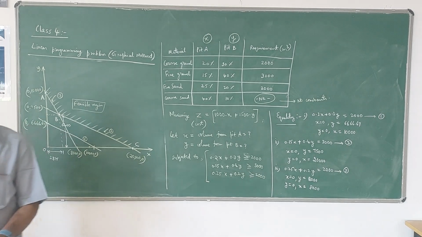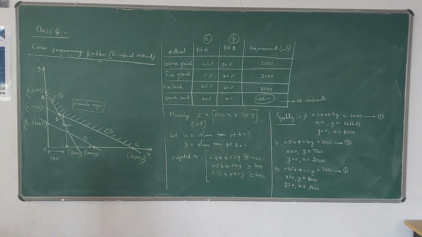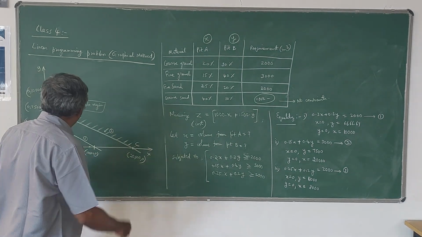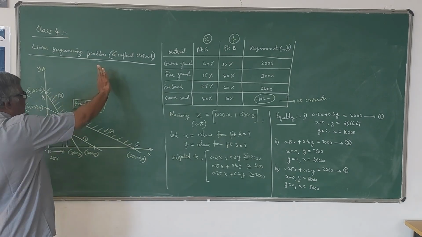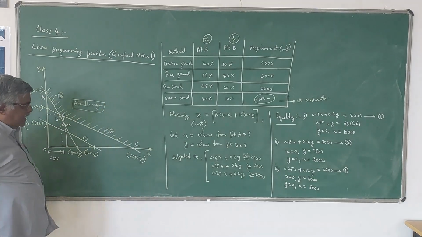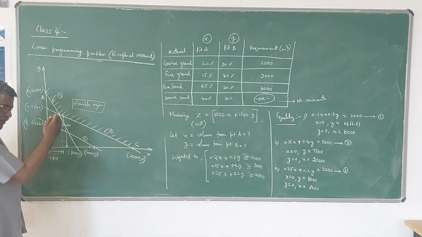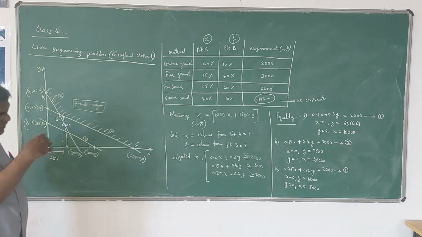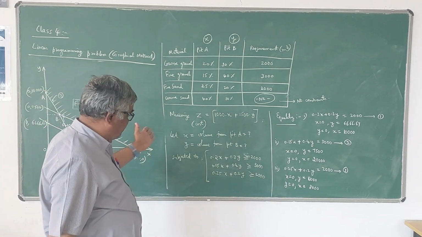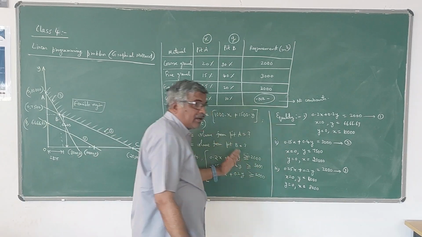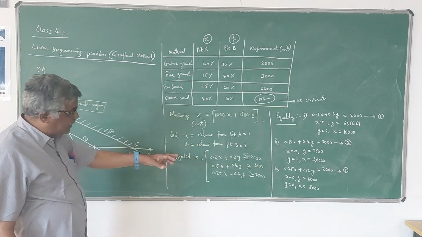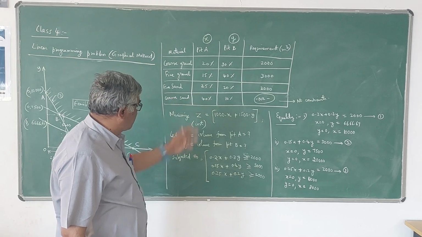So the boundary points are A, B, C. Since all the constraints are greater than or equal to, the feasible region will be above those 3 lines. If it is less than or equal to, then we have to take below the lines. Since it is greater than or equal to here, we have to take above the line.